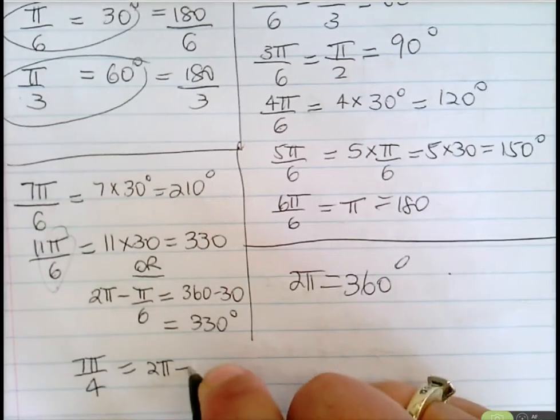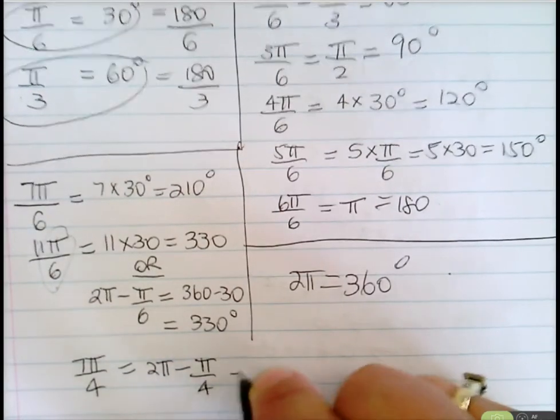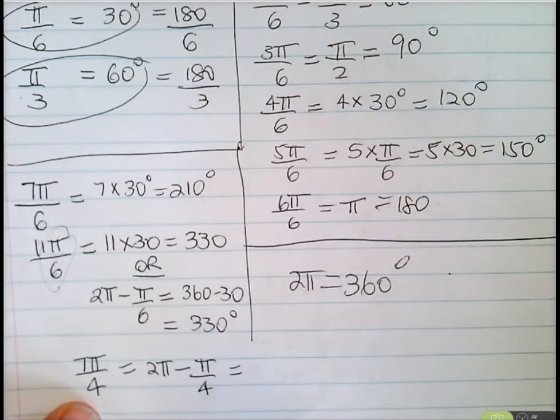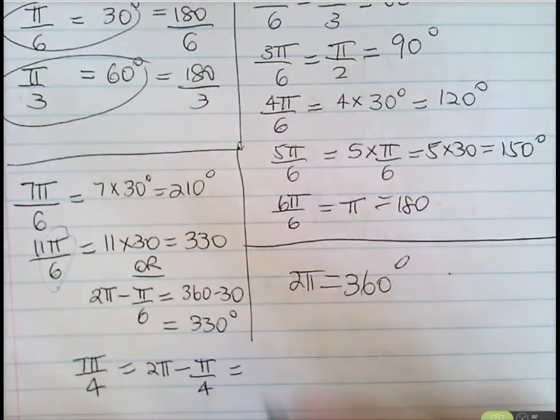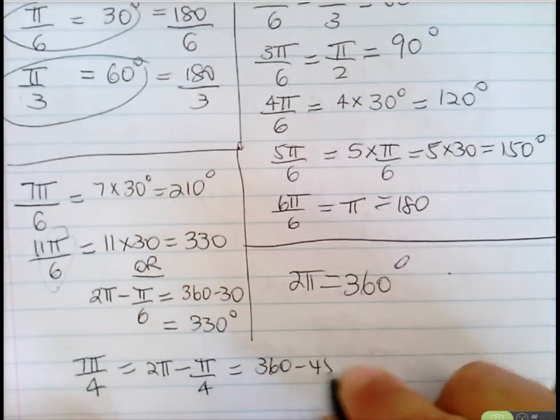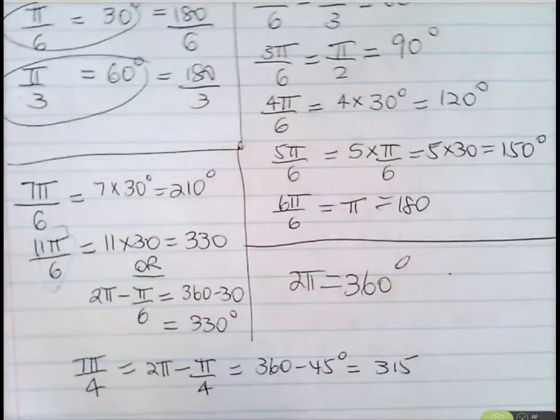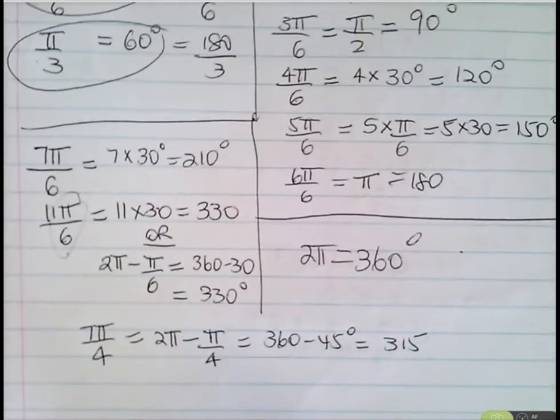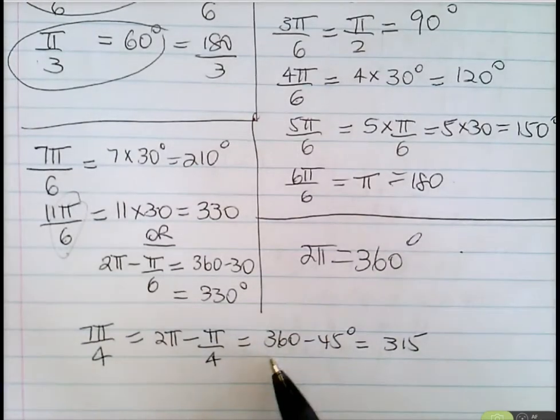It's 2 pi minus a quarter pi, because 7 on 4 is 1 3/4. So it's 2 minus a quarter. Isn't that 360 minus 45, which is 315? Your other thing is to do 7 lots of 45, but really, I don't know what 7 lots of 45 are in my head. But I do know what 360 minus 45 is in my head.